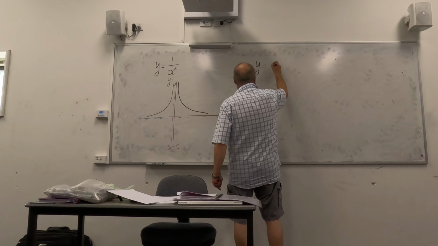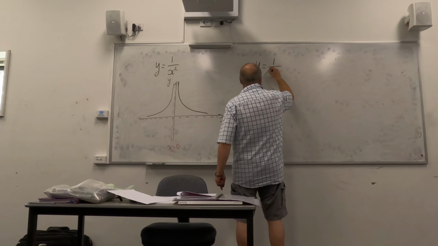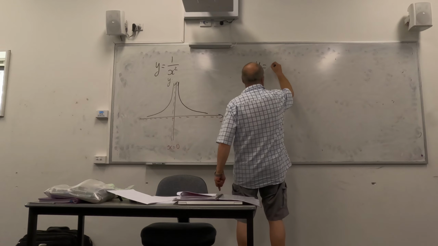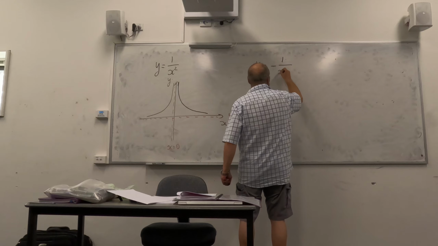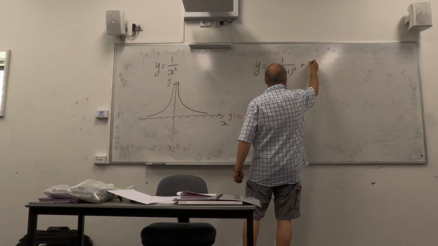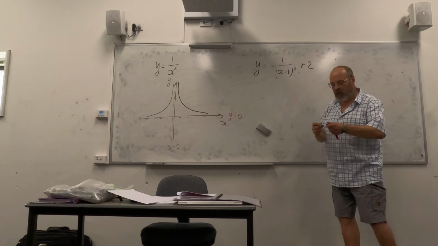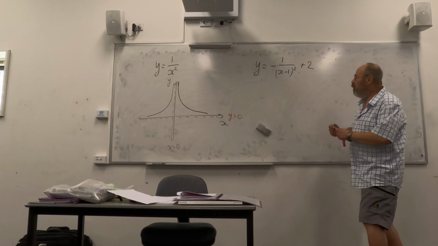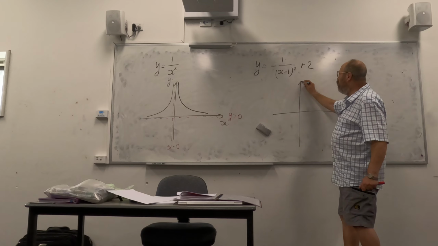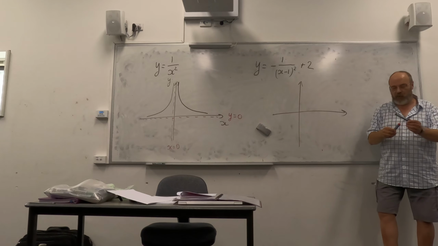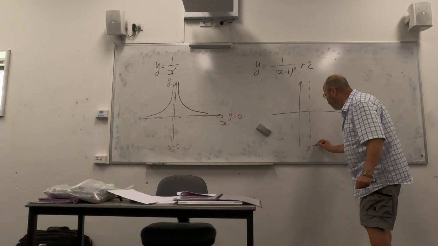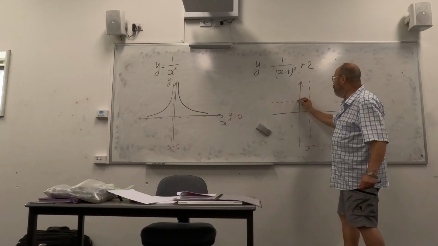Let's do y equals negative 1 on (x minus 1) squared plus 2. What will be the asymptotes? Vertical: x equals 1, and horizontal: y equals 2.